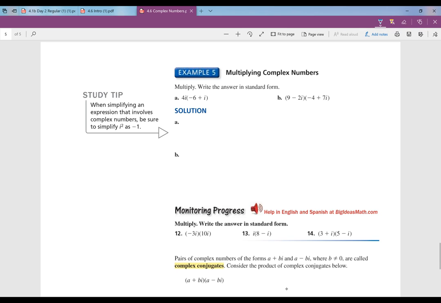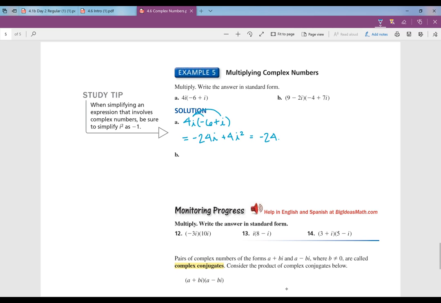For part A, we have 4i times -6 plus I. Again, we're just going to distribute our 4i right in. So we have 4i times -6, and that's going to be -24i, right? 4 times -6 is -24. Then we're going to have 4, and I times I is I squared.